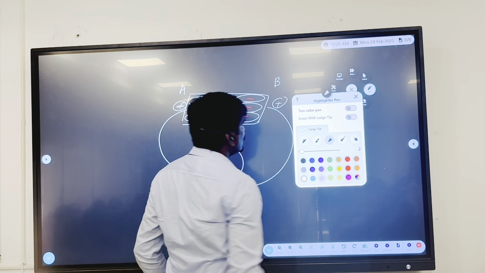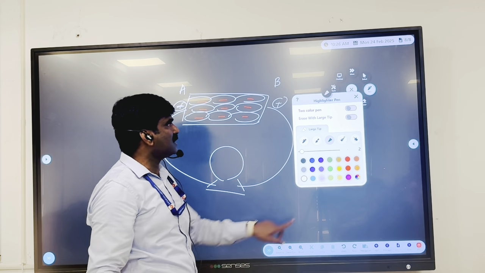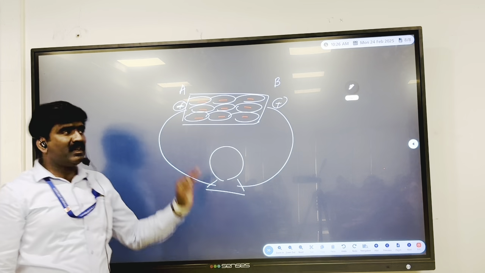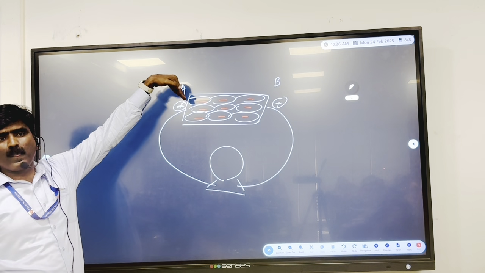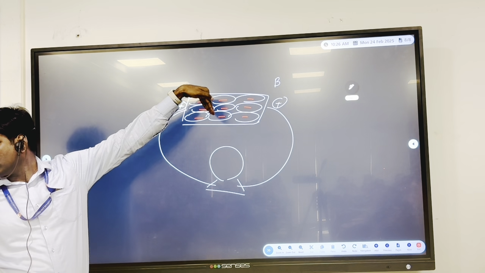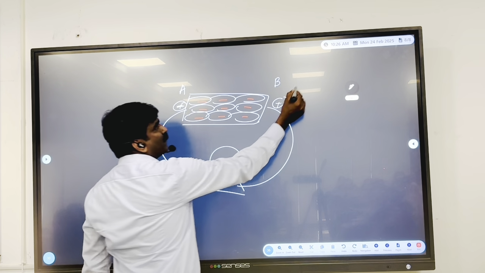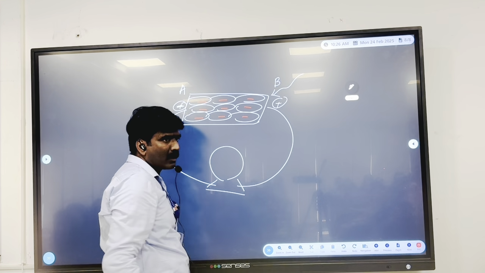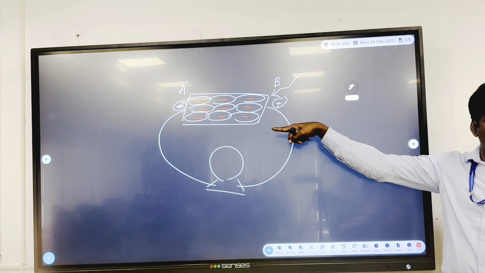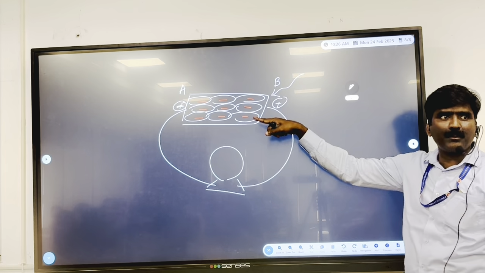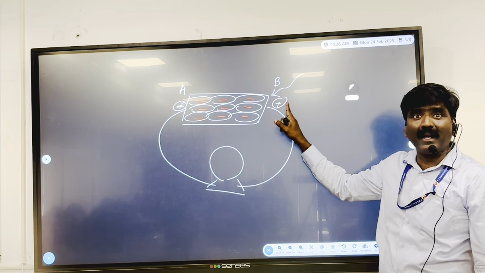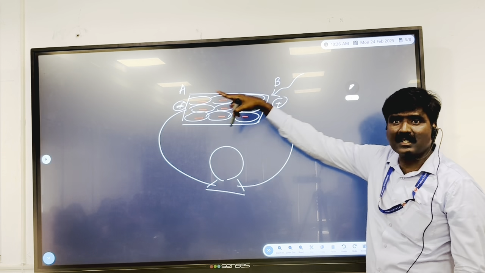So what we do now, this time we change the side of the experiment. Previously we stimulated the cell from side A. Now we are going to stimulate the cell from B side. When the appropriate stimulation is given in this direction, what will happen? The sodium will trickle into the cell, but this side, not that side.